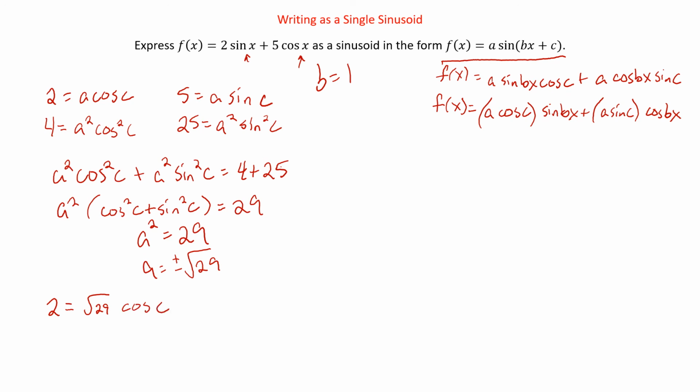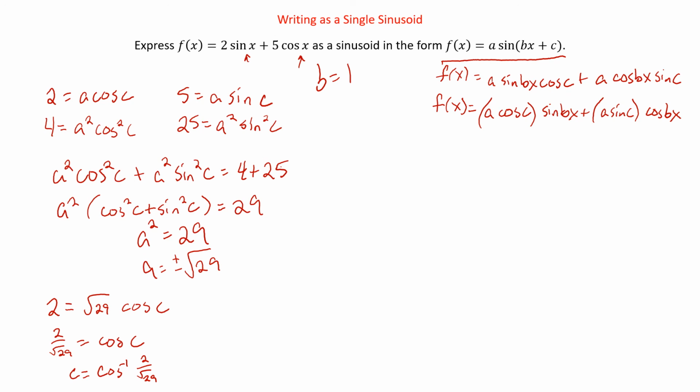We can divide by the root 29, so we have 2 over root 29 equals cosine c. So c would equal the inverse cosine of 2 over root 29, which is just a value. It's not going to be a pleasant value, but it is just a value.